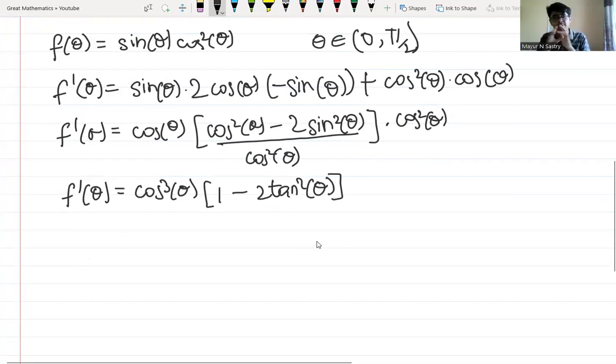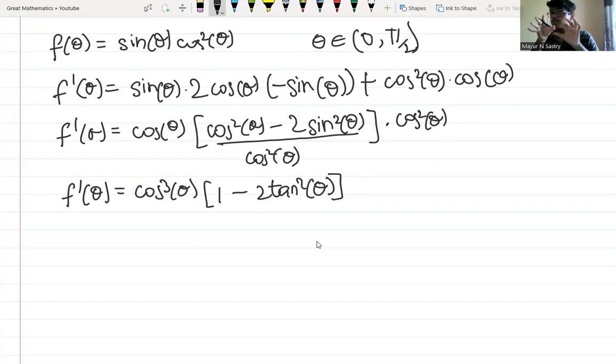Now it's pretty clear that the point where f prime of theta equals 0, if theta belongs to 0 to pi by 2, is either when cosine of theta equals 0 or 1 minus 2 tan squared theta equals 0.